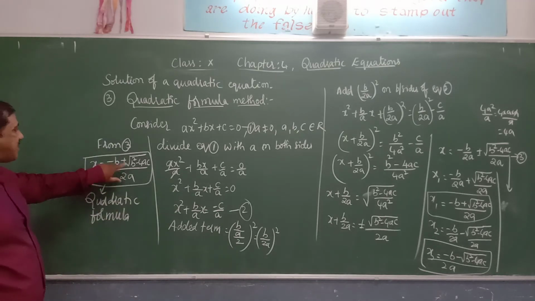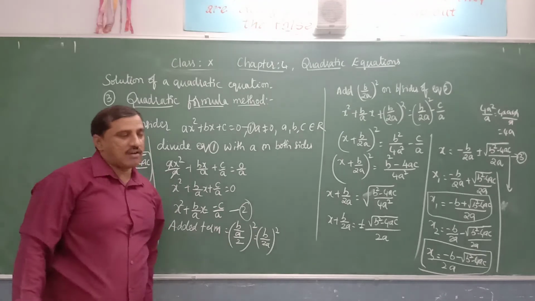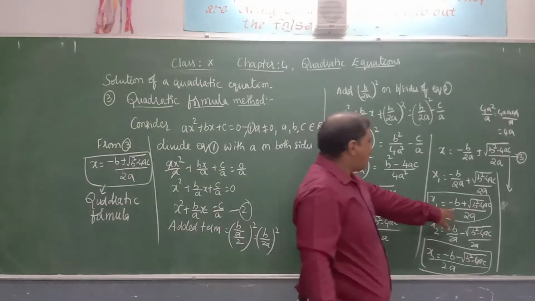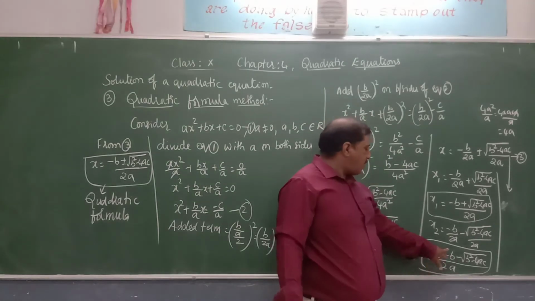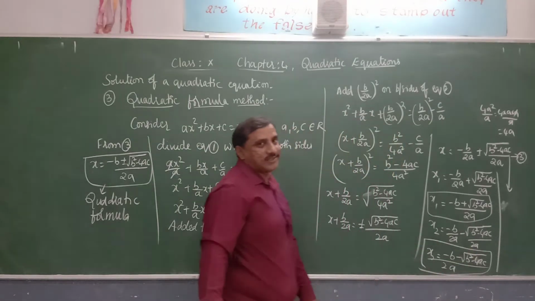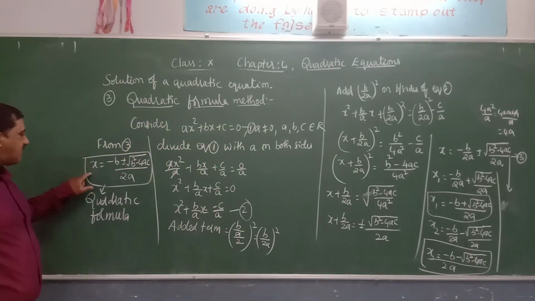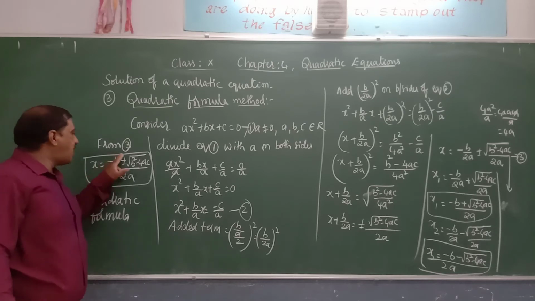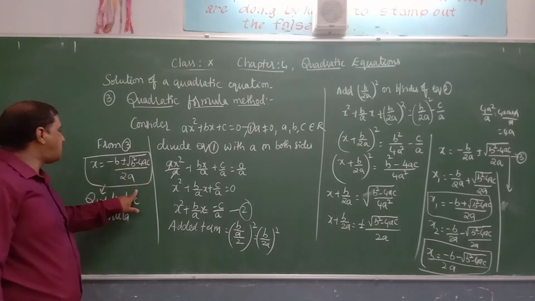Here there are two, plus or minus. x is equal to minus b plus square root of b square minus 4ac by 2a is one root. The other root is minus b minus square root of b square minus 4ac by 2a. So we get those two roots from this formula. That's why this formula is known as the quadratic formula.